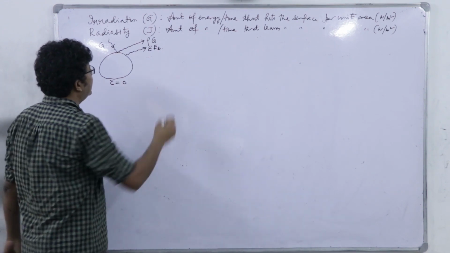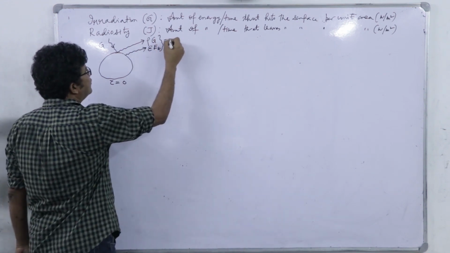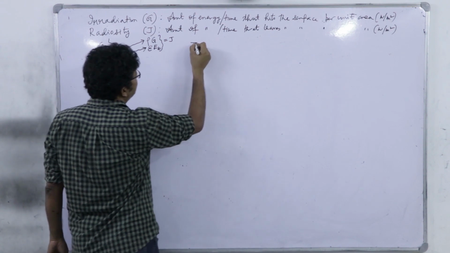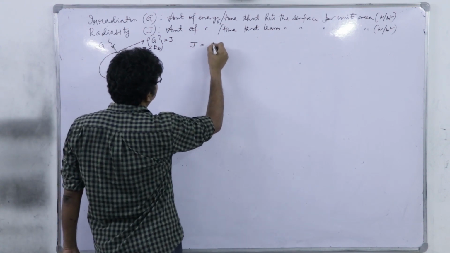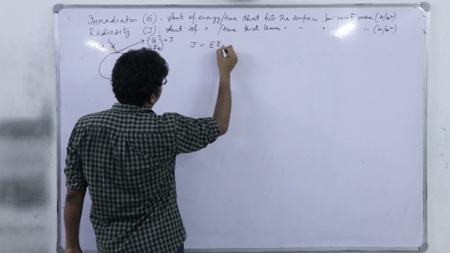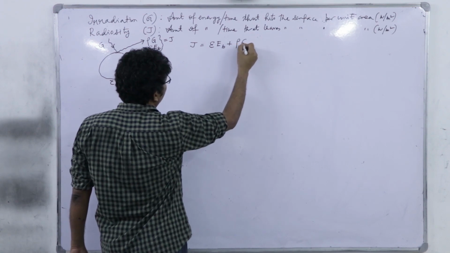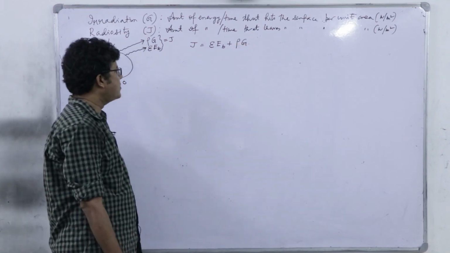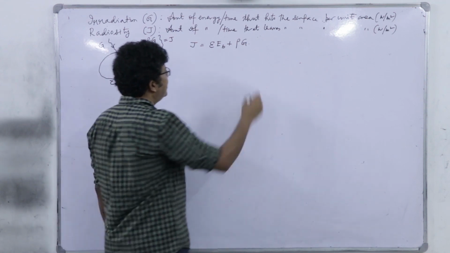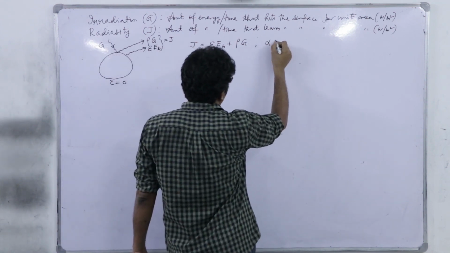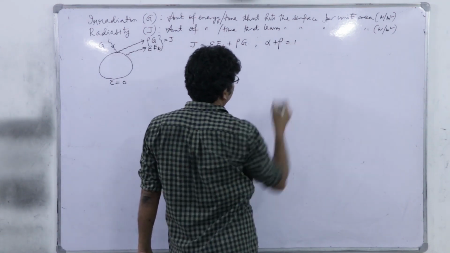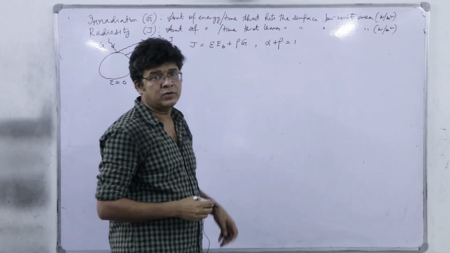These two combined give you J. So J is equal to epsilon EB plus rho into G, and alpha plus rho is equal to 1 as tau is equal to 0.